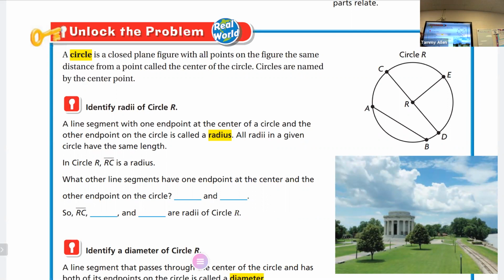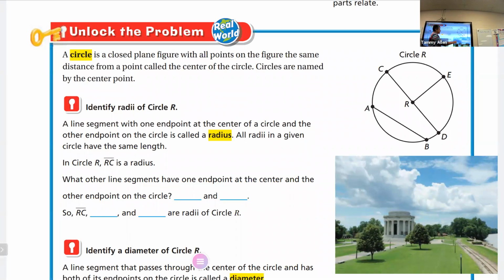Now, when we start looking at other parts of a circle, the radius is the distance from the center out to the edge of the circle. So from R out to D, that would be a radius. From R to E would be a radius. From R to C would be a radius. We name a radius by its two endpoints.